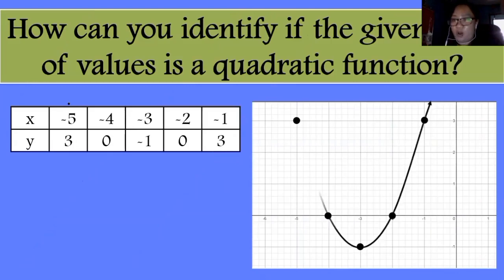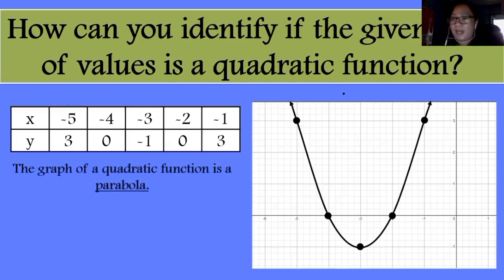Then connect all points. Now, as you can notice, just like with the previous example or the pictures that we had a while ago, you now see a graph which is a curve. This curve-like graph is called a parabola, and it's the graph of a quadratic function.